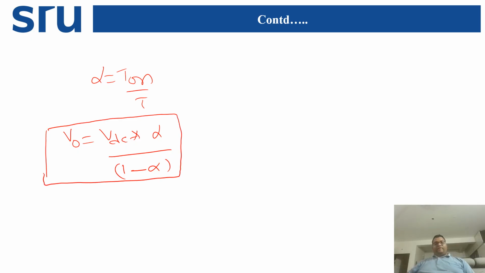From this, how can we write the voltage gain? Output voltage divided by input voltage is equal to alpha by 1 minus alpha.